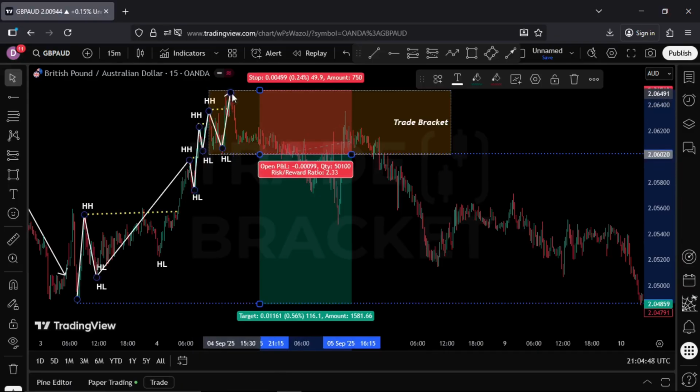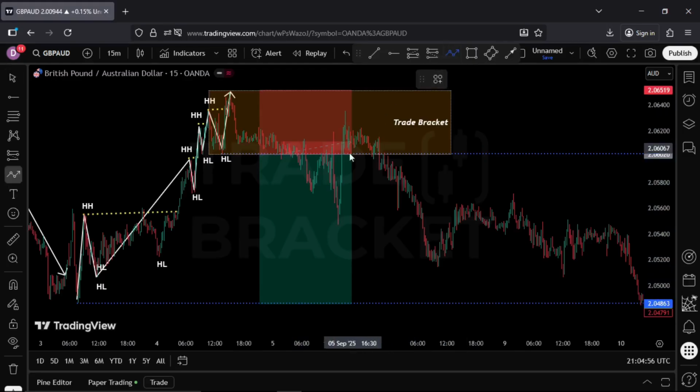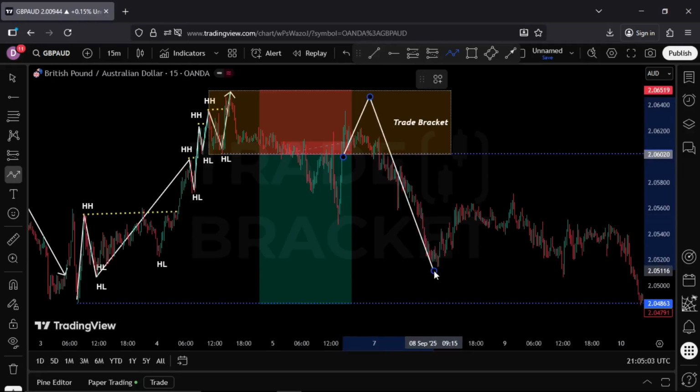So the advantages and disadvantages are, if you draw it from the last higher low to be broken to the last point price reached, you will have a lower risk to reward ratio. But the chances of price coming back to take you out and continue in your direction will also be minimal. Let me delete that.